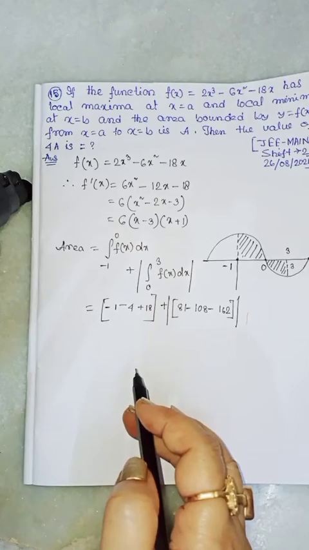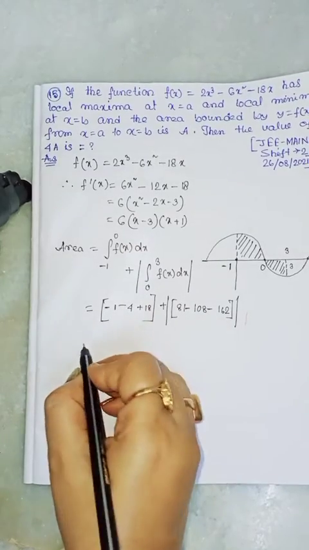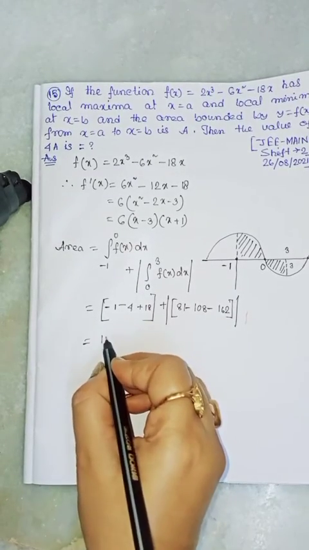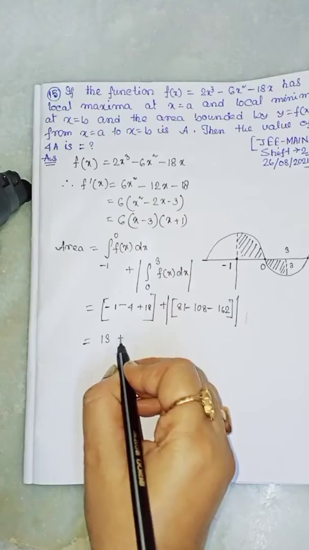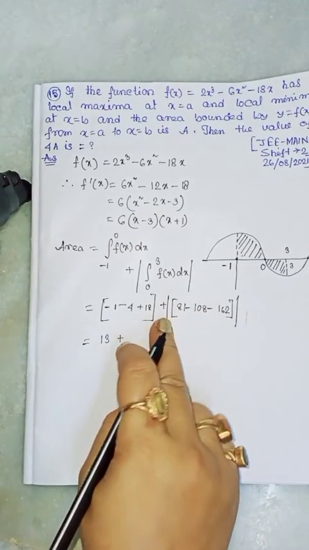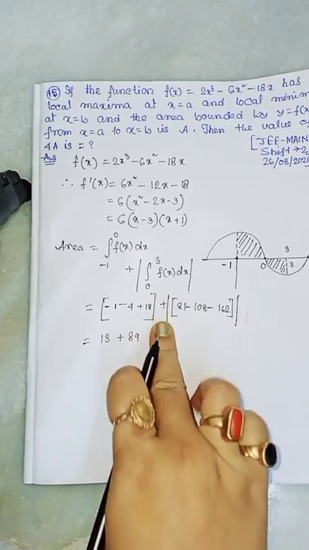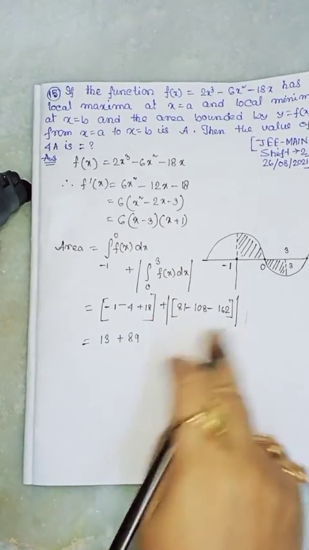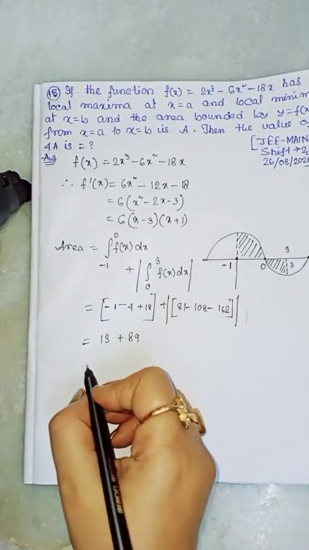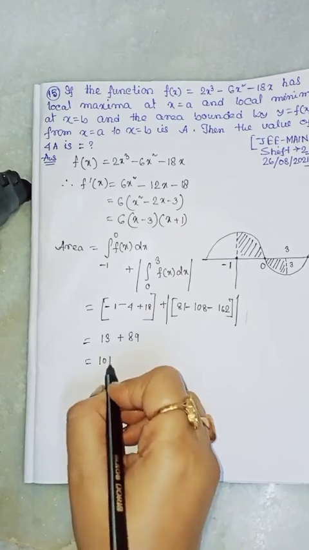So when we eliminate mod, this one becomes only 13 and it is minus 89, and if mod is taken here, it is 89 only, so it is 101.